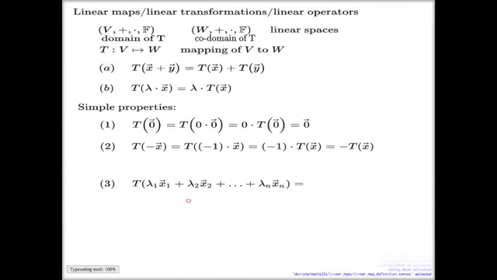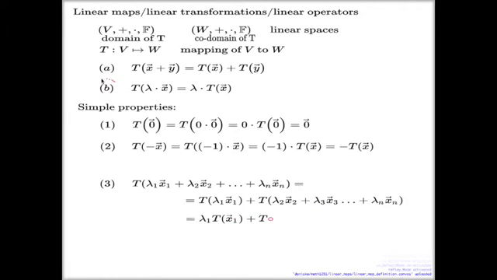You say, I can treat this term as x, I can treat the rest of this linear combination as y, and I can use requirement A once. You see, I just split off the first term in my linear combination. Now I can use requirement B to take this λ1 factor in front of my T. The second term, I keep as it is.